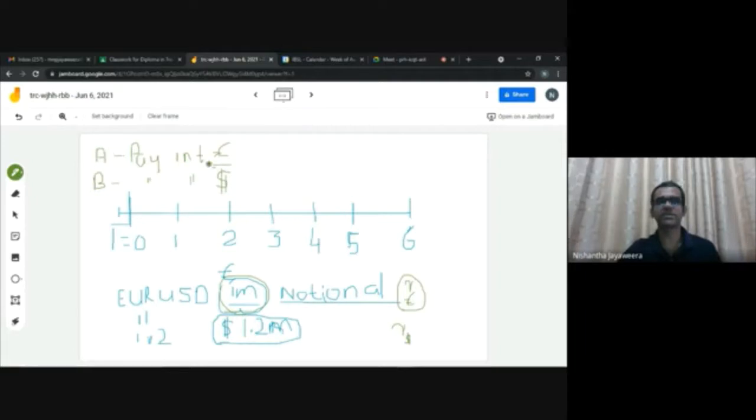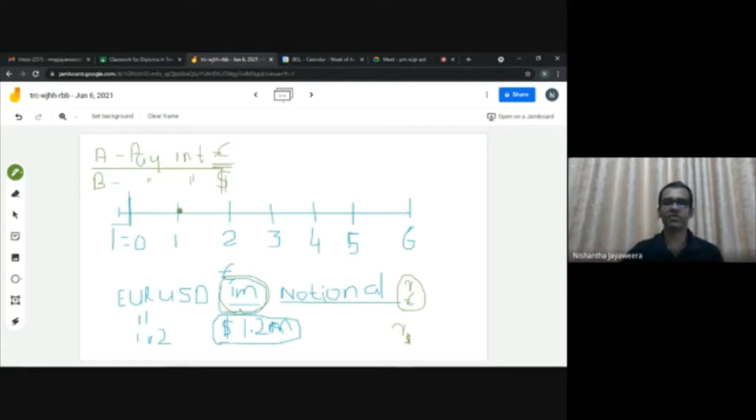To pay interest on one currency and receive interest on the other currency. So party A agrees to pay interest on euro while receiving interest on dollars. Party B agrees to pay interest in dollars and receive interest in euro.